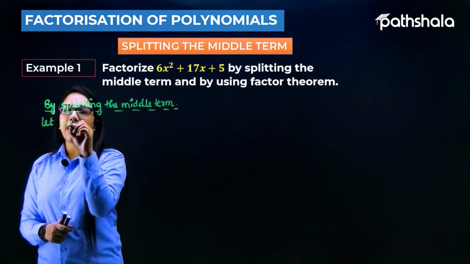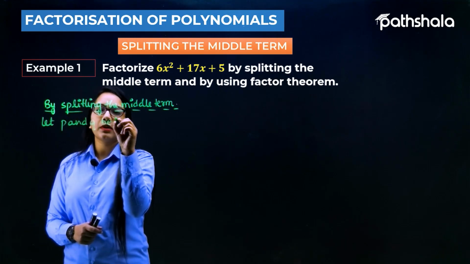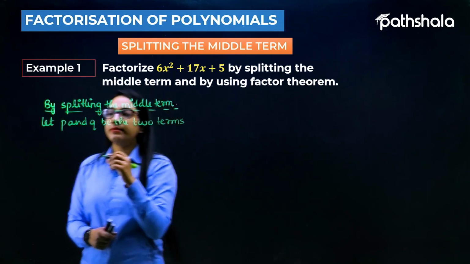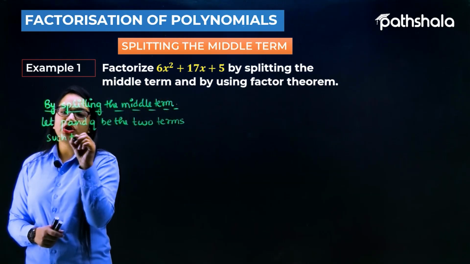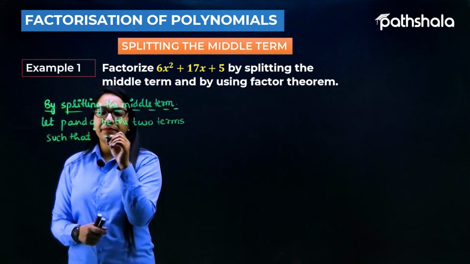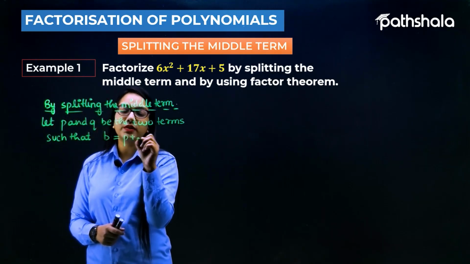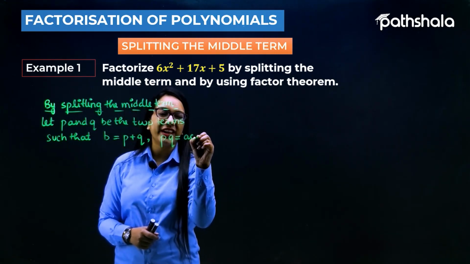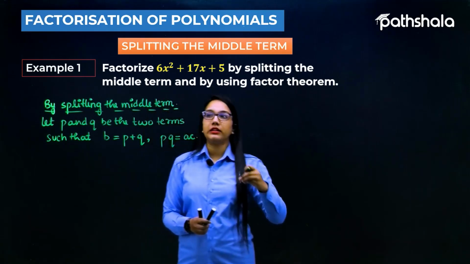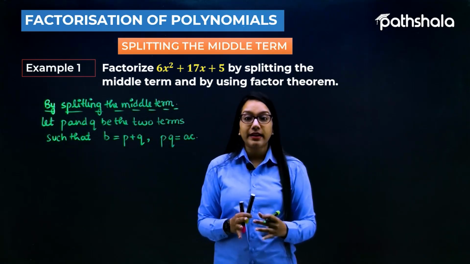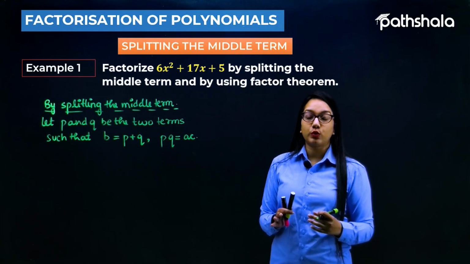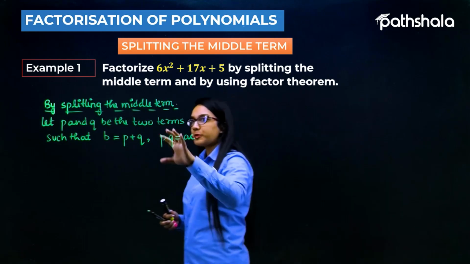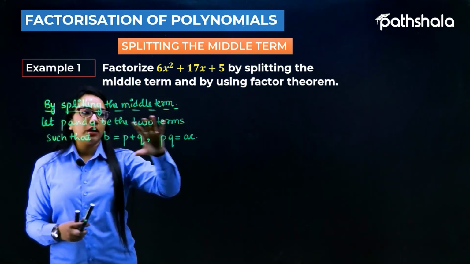Let P and Q be the two terms such that B can be expressed as P plus Q, and further P into Q should be equal to AC. As per the splitting the middle term method, it says that B can be expressed as the sum of the two terms whose product is equal to AC. So from splitting the middle term, we have deduced this particular concept.